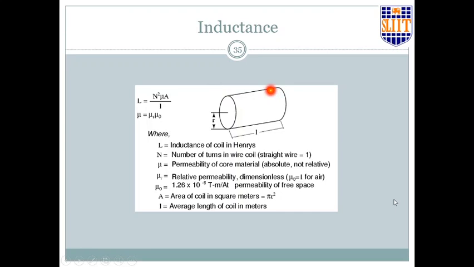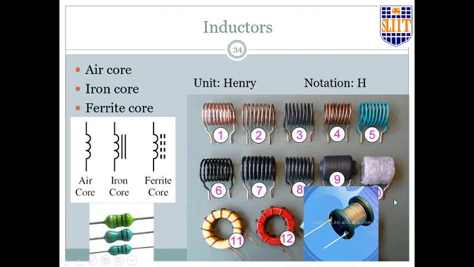So the larger the permeability, the larger the inductance is. Air core, iron core, ferrite core: air has the smallest permeability, iron the next, ferrite the highest. Right? So that is why in small inductors you have a ferrite rod around which the coil is formed.